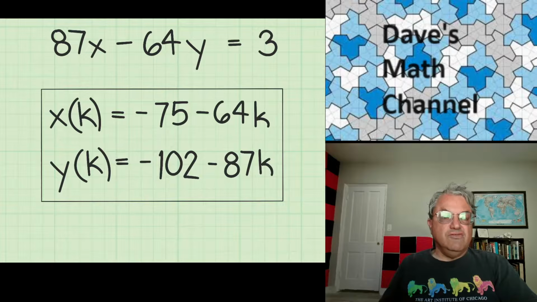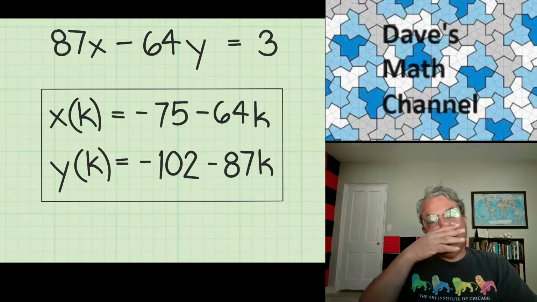If you were just looking for real solutions of x and y, there'd be infinitely many. It would be the whole line, right? Any point on that line is a solution. But since we're requiring that the solutions be integers, I think there are still infinitely many solutions, but they're discrete. And you can write down a parametric set of equations, which they do in the middle of this picture, x of k and y of k.